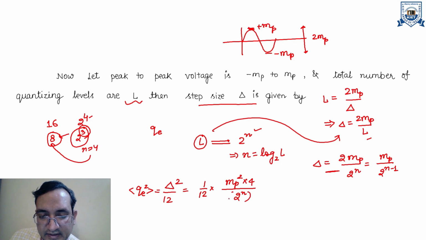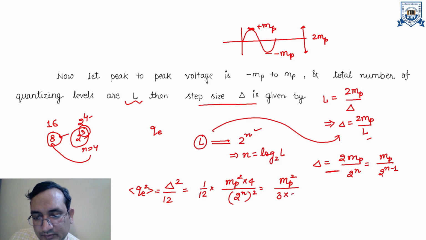So that will be 4 3s are 12, so MP square divided by 3 into 2 to the power 2n.